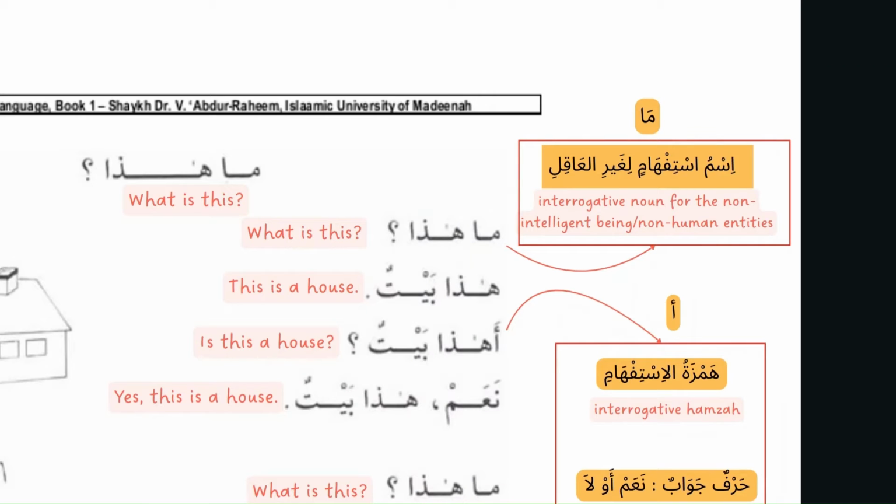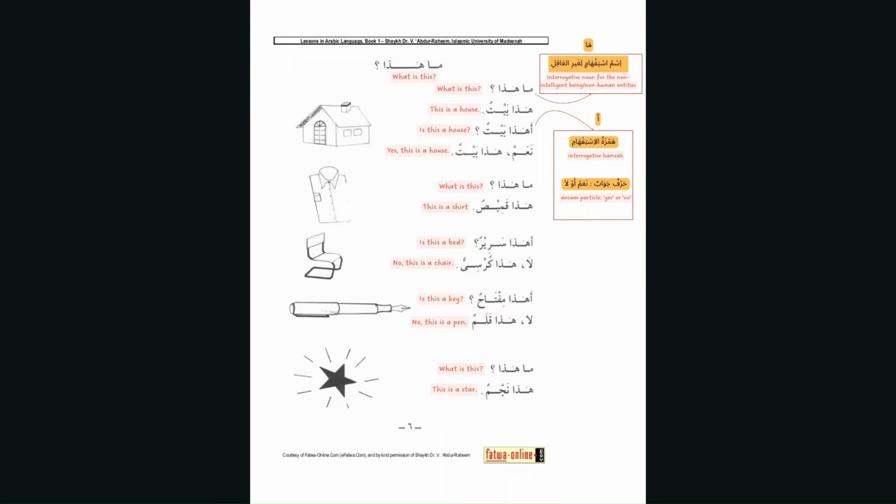In Arabic, ma is specifically used as an interrogative noun or a question word when asking about objects, animals, or anything that is not a human being. We can see this rule noted in our lesson material. So, putting it together, ma hadha means what is this? Now, let's all together practice saying it.